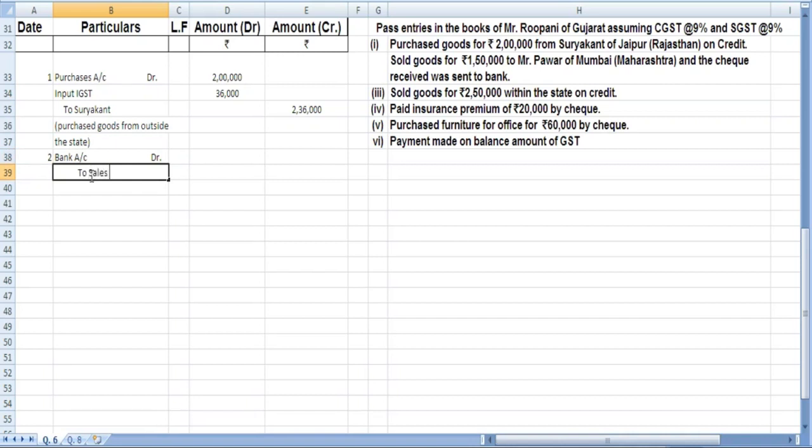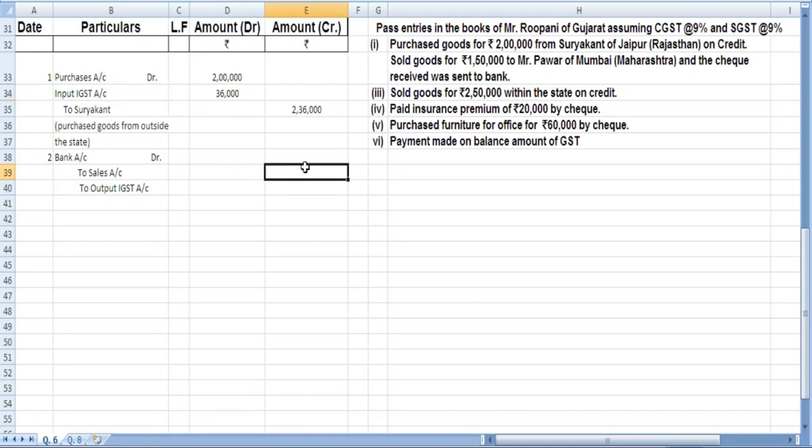is from the sales, so sales account we will credit, because sales account is nominal account, and we will write here to output IGST. Here also again we'll write here output IGST account, because we are collecting from the sale.